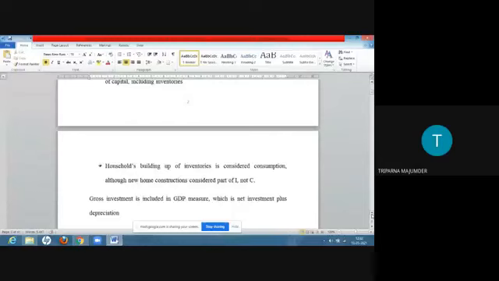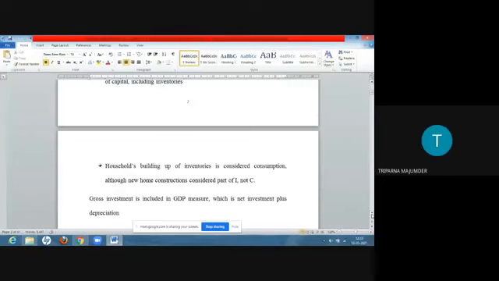Now, households' building up of inventories is considered to be consumption. Suppose in this time of crisis, we are fearing that there may be a lockdown in a couple of days or maybe after a week. So we have a tendency of buying more and keeping them in our house.